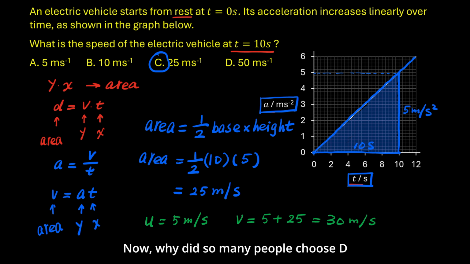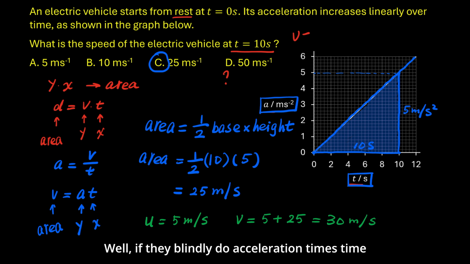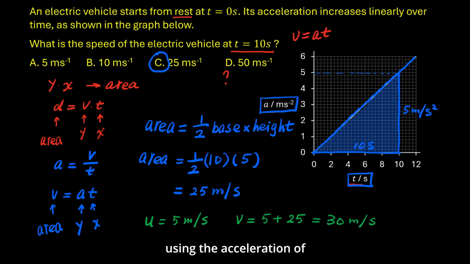Now, why did so many people choose D, which is 50 meters per second? Well, if they blindly do acceleration times time using the acceleration of 5 meters per second squared at 10 seconds, they just do 5 multiplied by 10, which equals 50 meters per second.